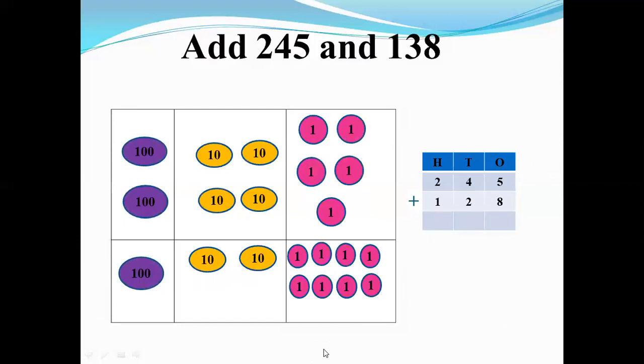Let's solve another question. Add 245 and 138. We'll start adding from ones. We have 5 ones and we have 8 more ones. 5 plus 8 altogether will make 13. So here we'll write 3 ones and 1 ten will be carried to the tens side.